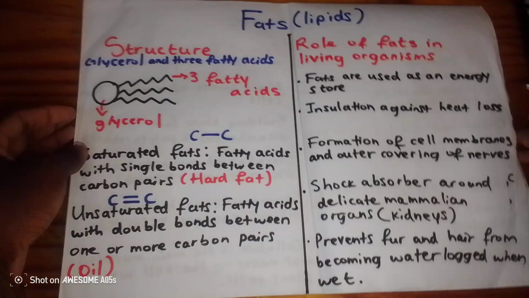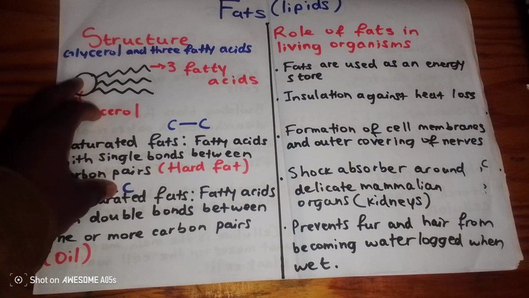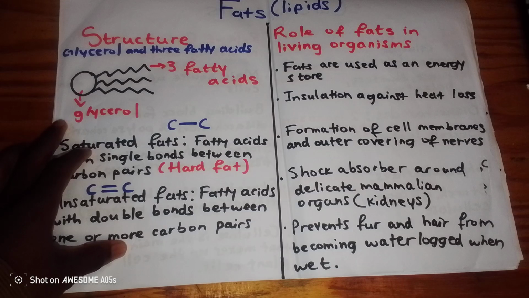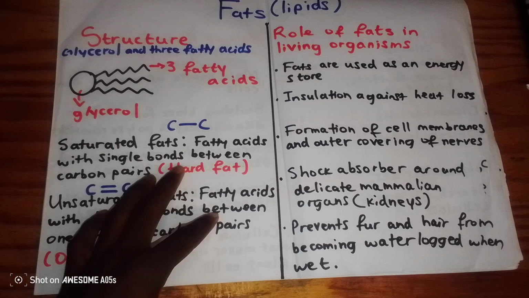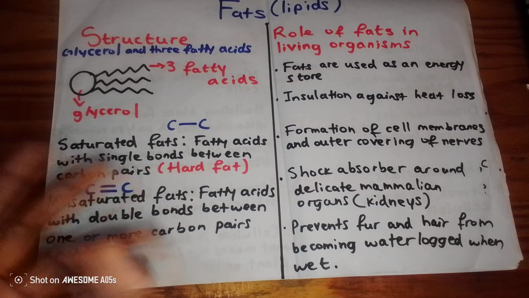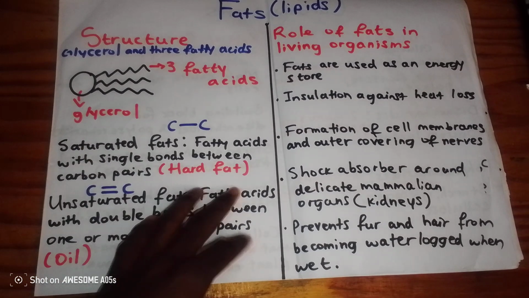Fats. All right. Fats. The structure of fats is simple. We need 3 fatty acids in 1 glycerol molecule to make a fat molecule. Now, we have 2 types of fats. We have saturated fats, which are where the fatty acids have single bonds between the carbon pairs.